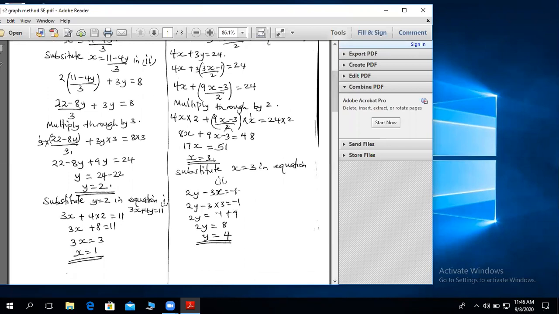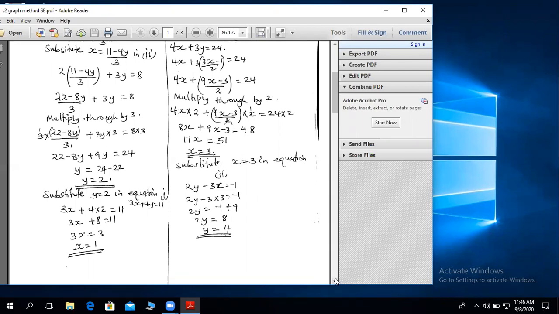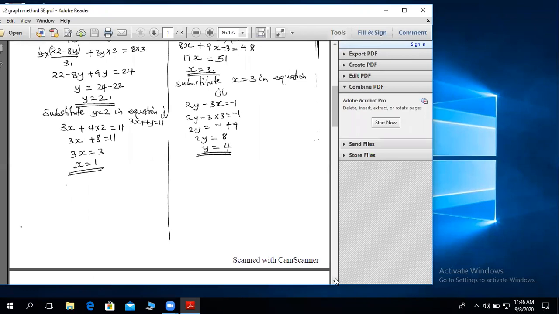For example, this one, I'm having 2y minus 3, of course x is 3, and that's how y ends up becoming 4.